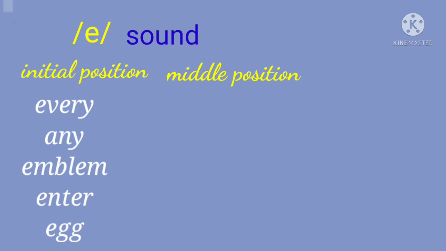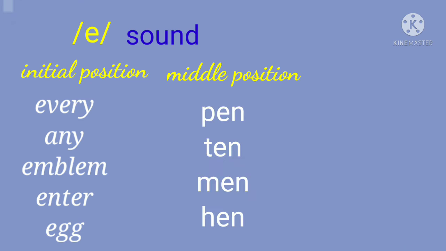There are so many words that you know: pen, ten, men, hen, etc. This sound never occurs in the word final position. So the last column will be blank. There is no English word ending in this sound. When you transcribe a particular word using these symbols, remember this sound never occurs in the word final position.